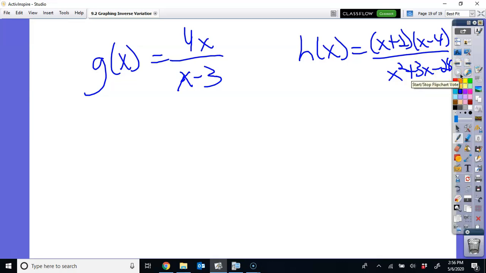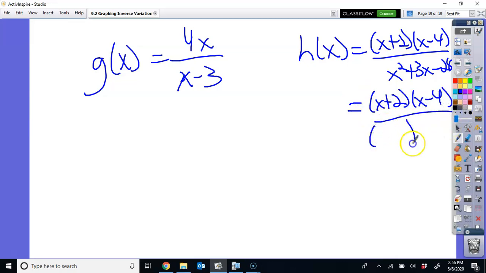What you have there is you have things that you can factor, just like we did way back in the day. See the factors on the top of this one? And then on the bottom of this one, you have factors, x and x, plus and minus, because it's a negative 28, 7 and 4 will give me that.